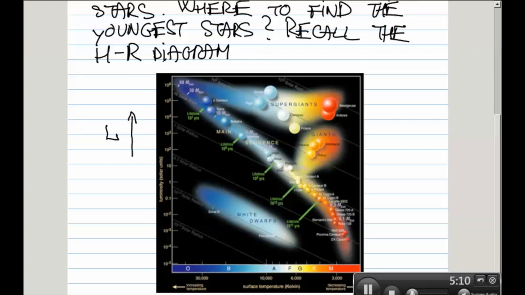For historical reasons, the temperature is taken to increase from right to left this way.